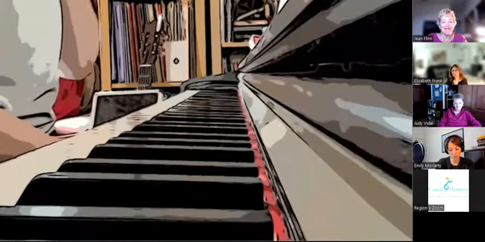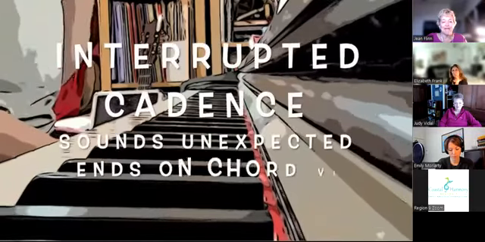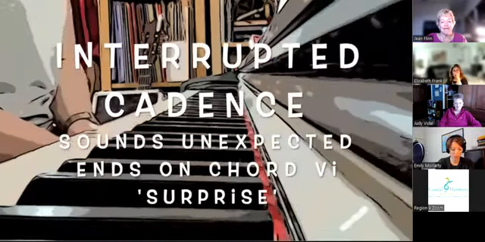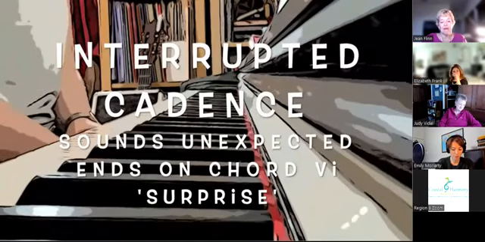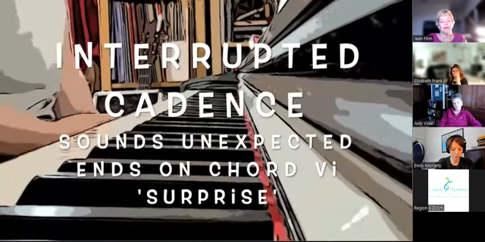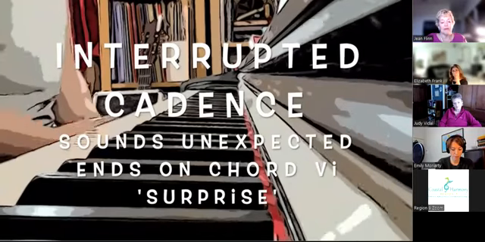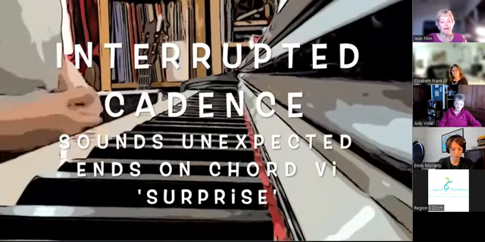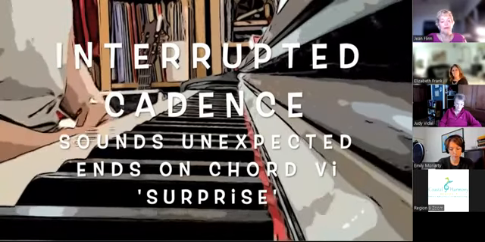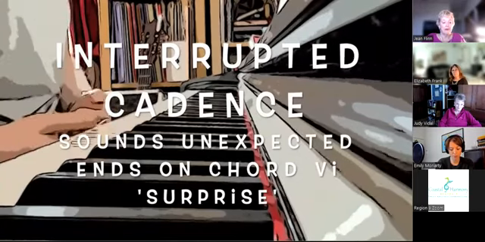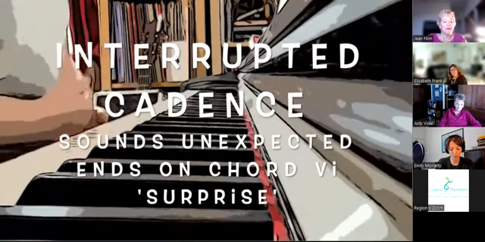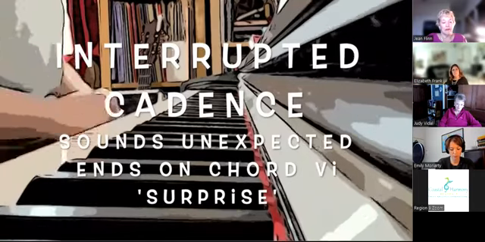The last one we're going to talk about is an interrupted cadence. This is one where it goes somewhere unexpected. It usually goes to chord 6. So it's usually chord 5 to chord 6, because you expect it to go to chord 1. You expect it to be a perfect cadence, but it changes at the last minute, and instead of going to chord 1, it goes to chord 6.